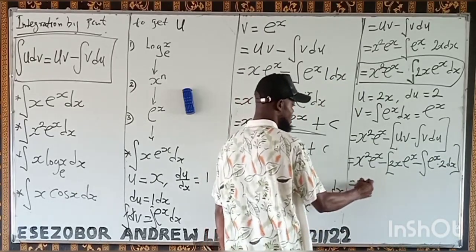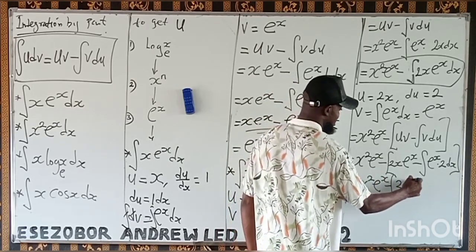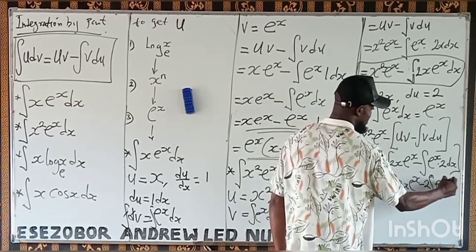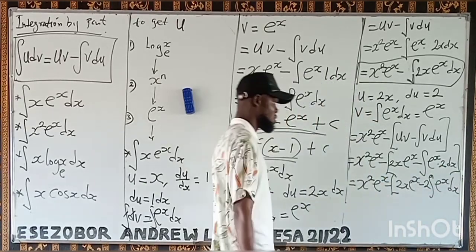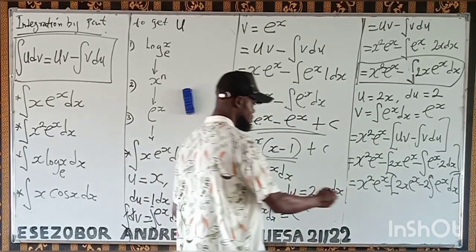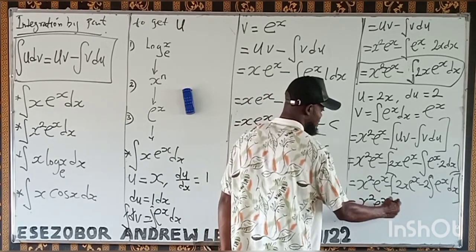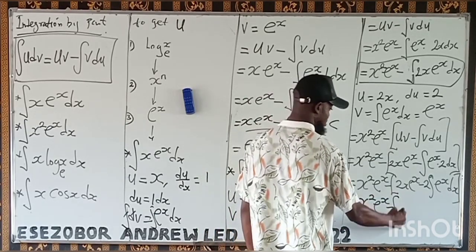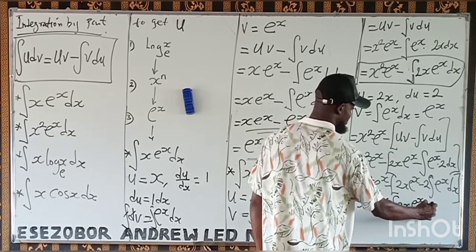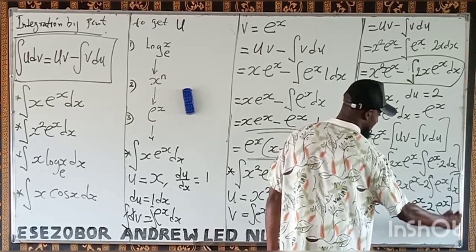Then this gives us x squared exponential x minus 2x exponential x minus the integral of 2 exponential x dx. The next thing we do: we have x squared exponential x minus 2x exponential x, then minus 2 times the integral of exponential x, which is exponential x, plus c.